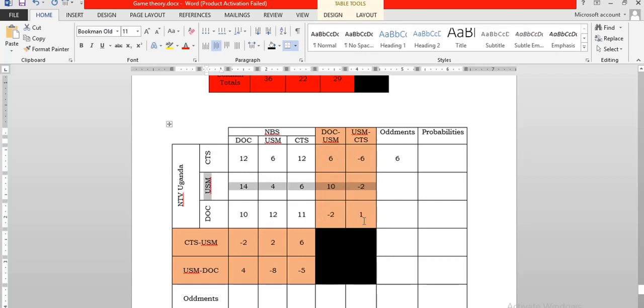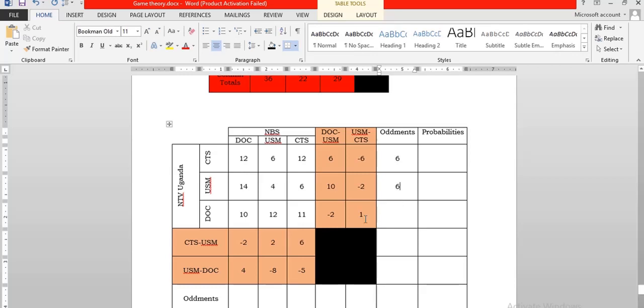So 6 times 1 is 6. Then negative 2 times negative 6 is positive 12. So 6 minus 12 is negative 6. But because the oddments are supposed to have the absolute value, whatever answer you get shall remain positive, as we said earlier. So we put this one as 6.